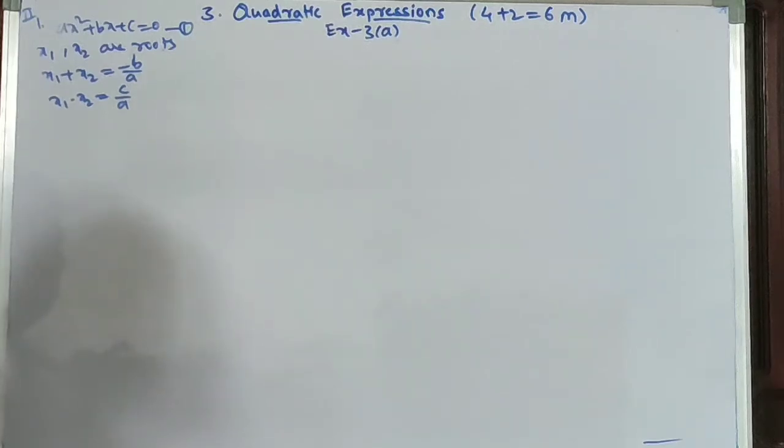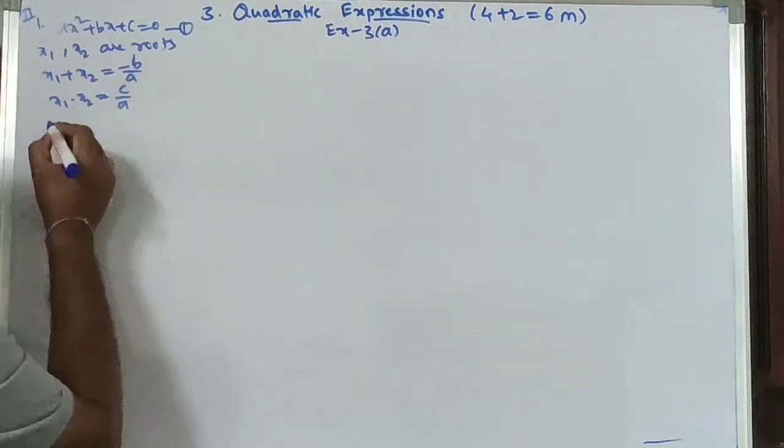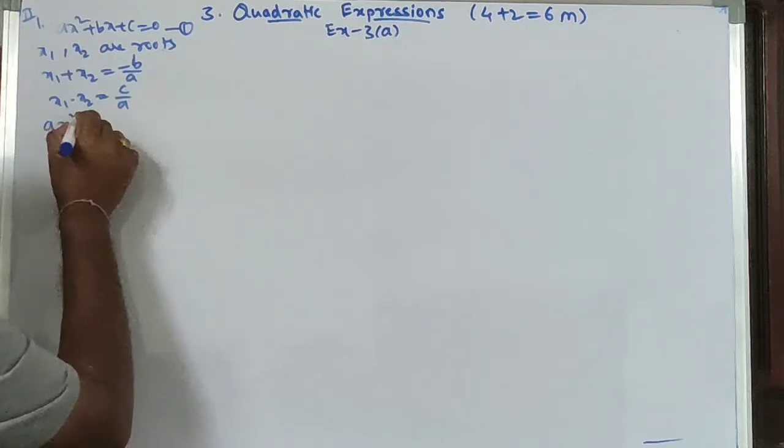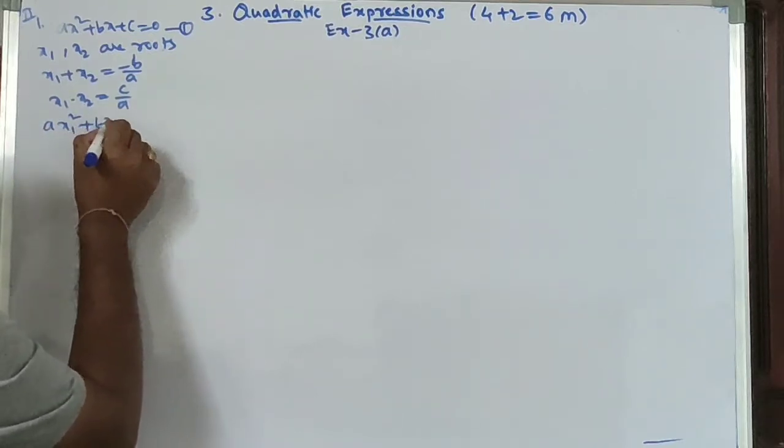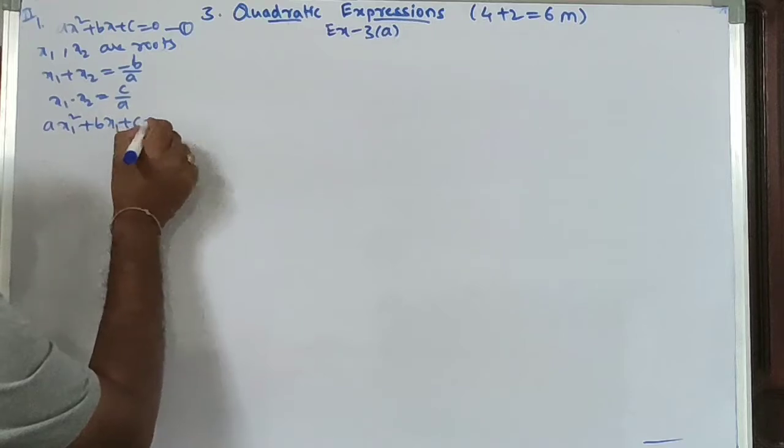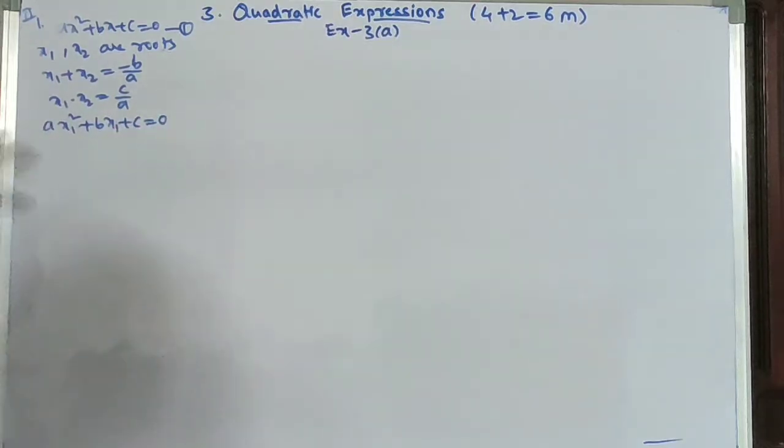Now, since x1 is the root of the given equation, x1 must satisfy the equation. So, ax1² + bx1 + c = 0. Because x1 and x2 are the roots, they definitely satisfy the given equation.